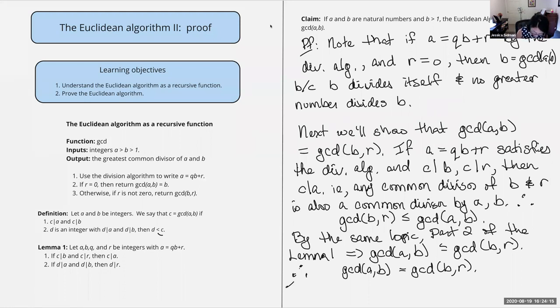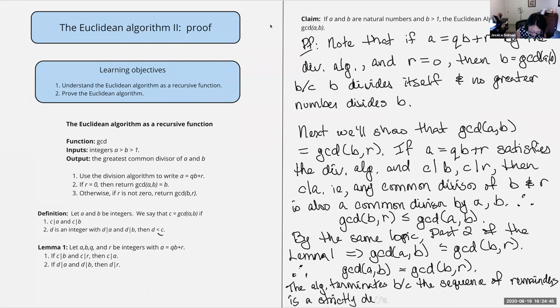And we can say that the algorithm terminates because the sequence of remainders is a strictly decreasing set of natural numbers.